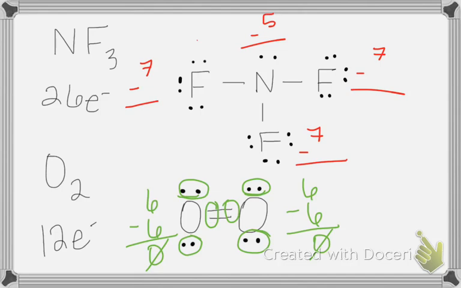This fluorine over here on the left, how many does that structure show that it has? It shows that it has 7, because the bond I'm splitting between the 2 of them. How many does the fluorine on the bottom have? The fluorine on the right. The nitrogen on the top. So everything in that structure has a 0 formal charge.